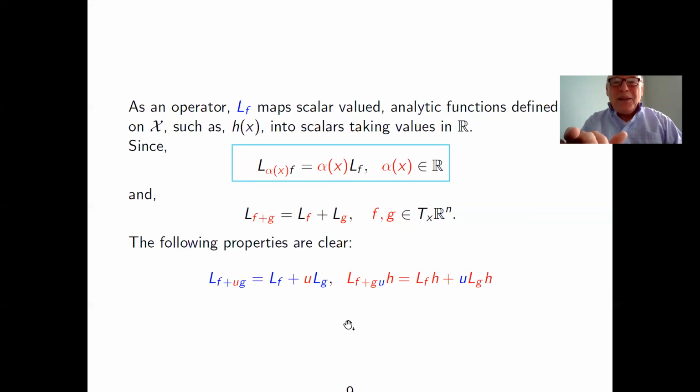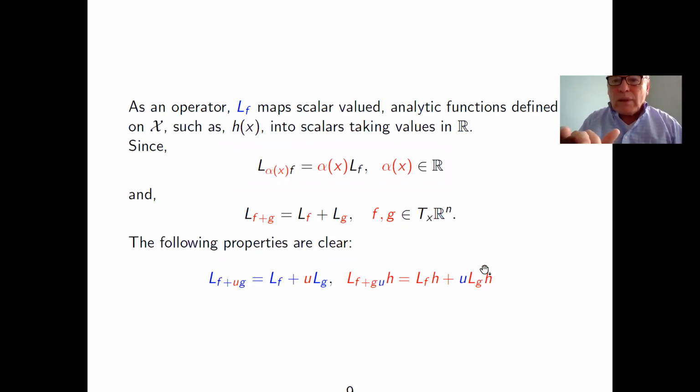Okay. So the directional derivative of, let's say, the scalar function representing the output map h along the control vector field f plus g u is linear in f, linear in g, and u comes out to be a factor that can be multiplied by the scalar directional derivative of h with respect to the vector field g. f will be called the drift vector field, and g will be called the control vector field.